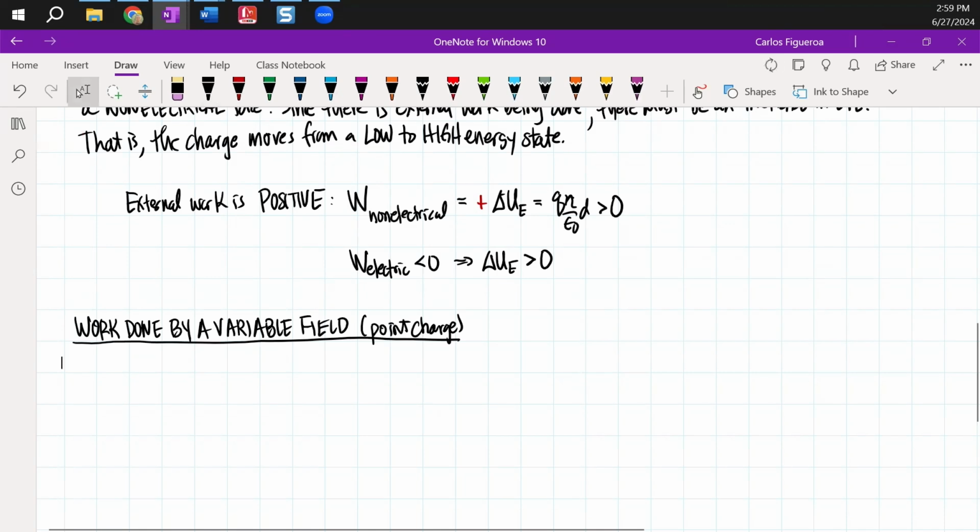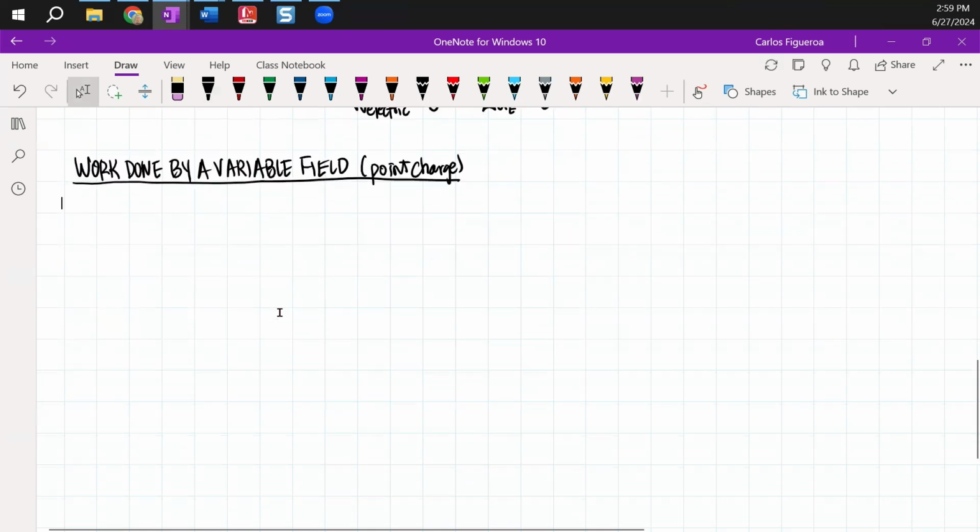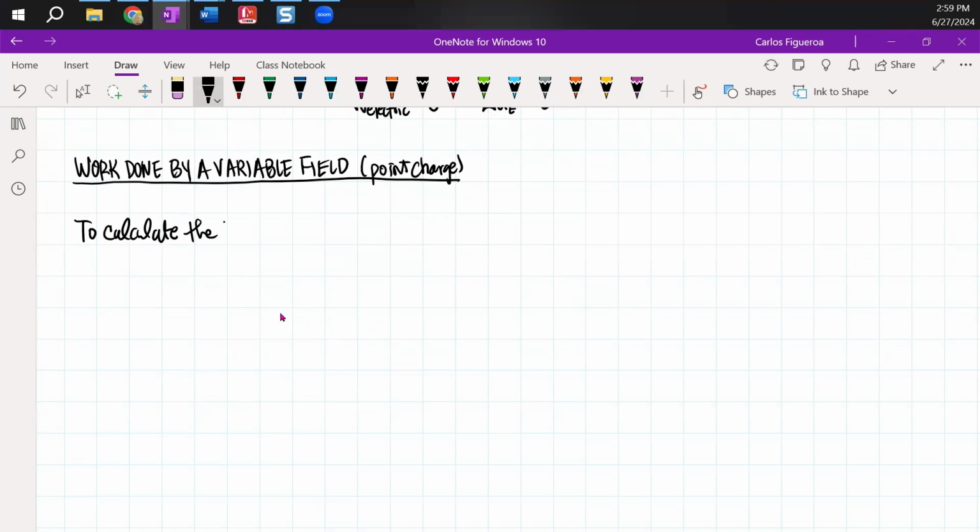So what we want to do here is calculate the electrical potential energy function for a point charge.